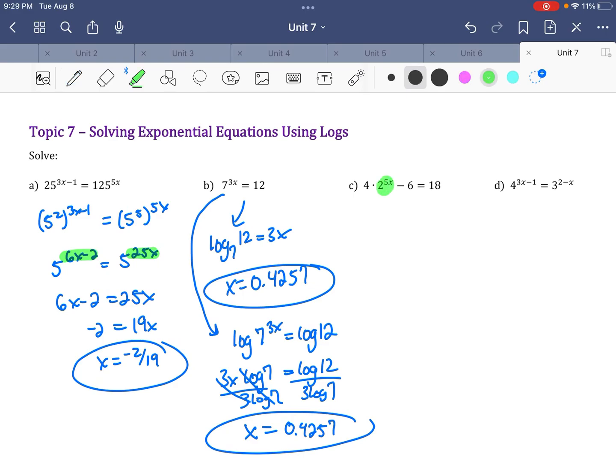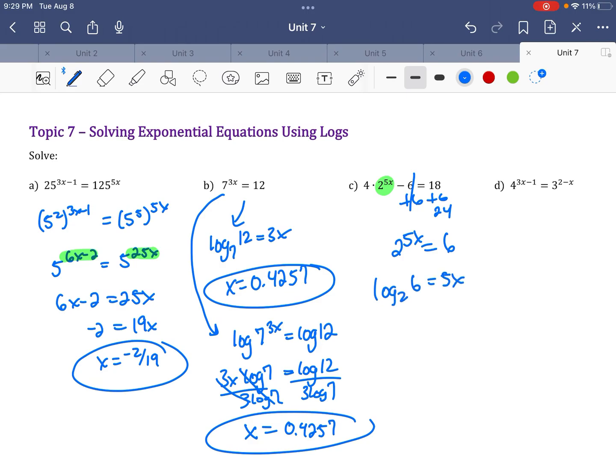All right, so this next one, I have to get this part alone before I can do my fancy work here. So I add 6, that makes 24, then divide by 4, that makes 6. So 2 to the 5x equals 6. From there you make your choice.